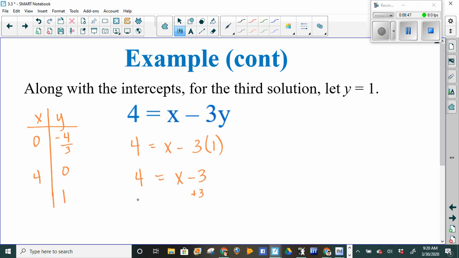So we're going to add 3 to both sides. 4 plus 3 is 7. So now x is 7 when y is 1. So I can graph using my intercepts as it's asking, and then I'm going to just double check that that point is actually on my graph.